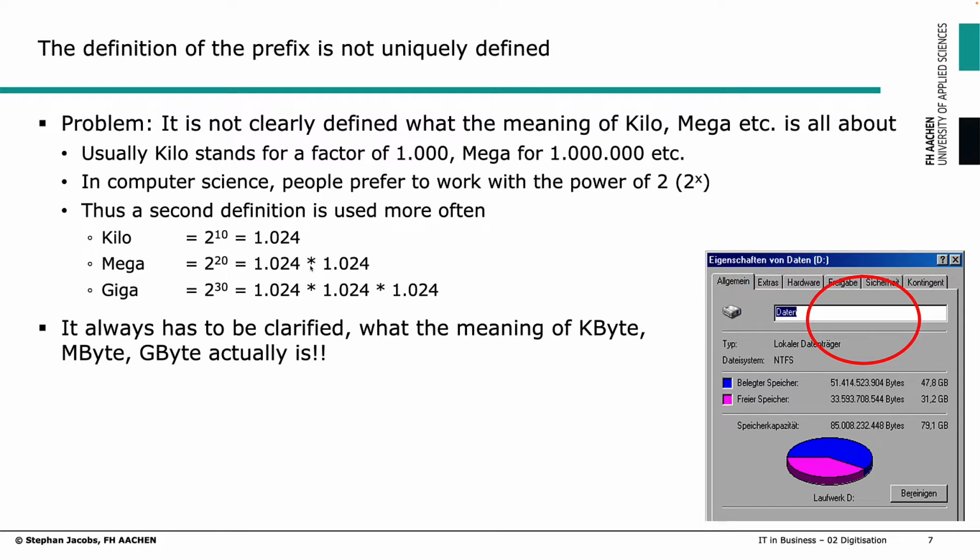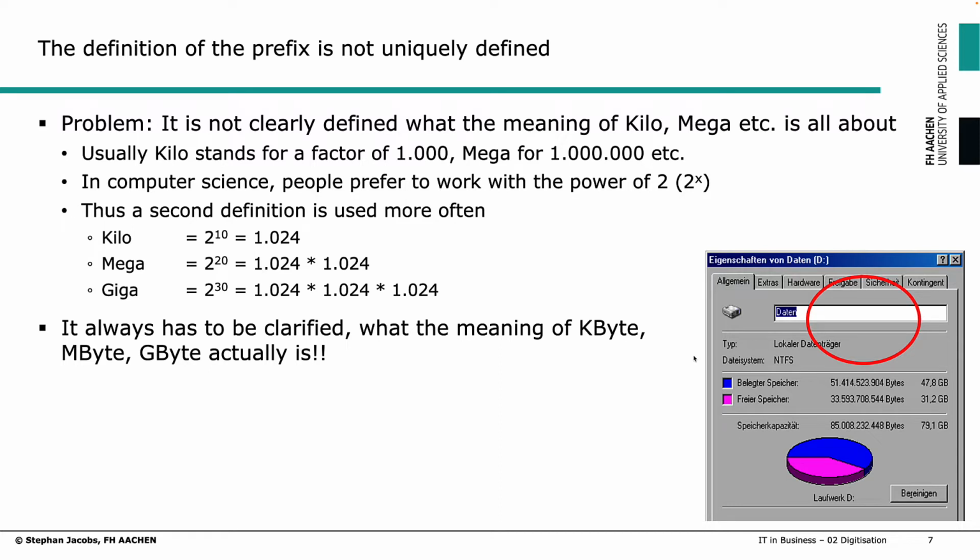This leads to some problems or irritations. If you, for example, have a look at my memory, you can see this memory picture on the right side. The detailed information is that there are 51 billion bytes, which seems to be 47.8 gigabytes. And this looks a little bit irritating.